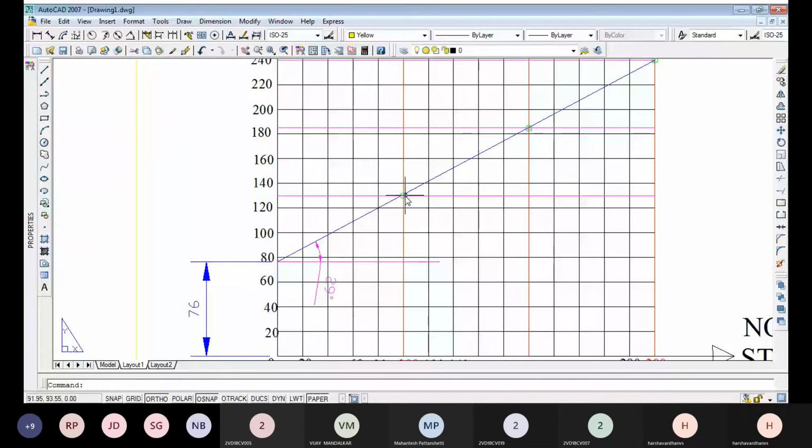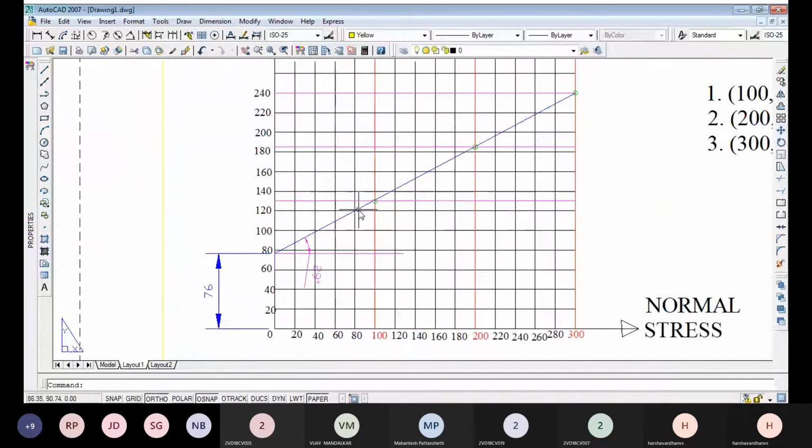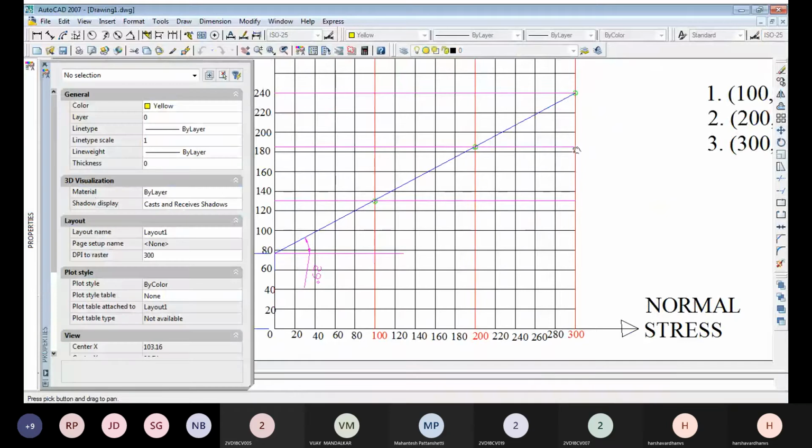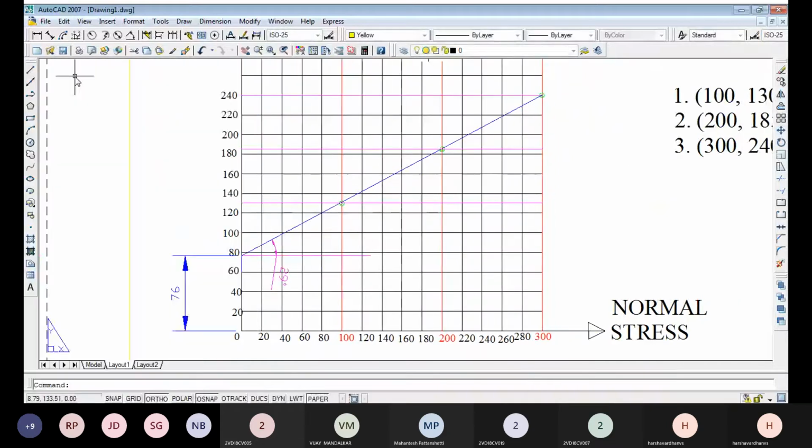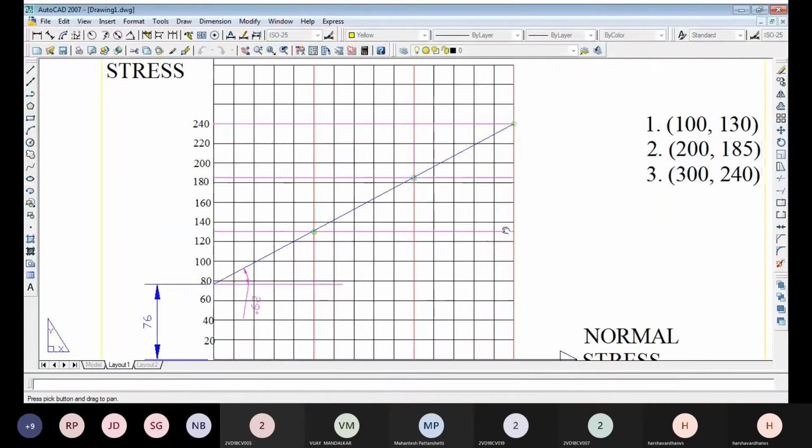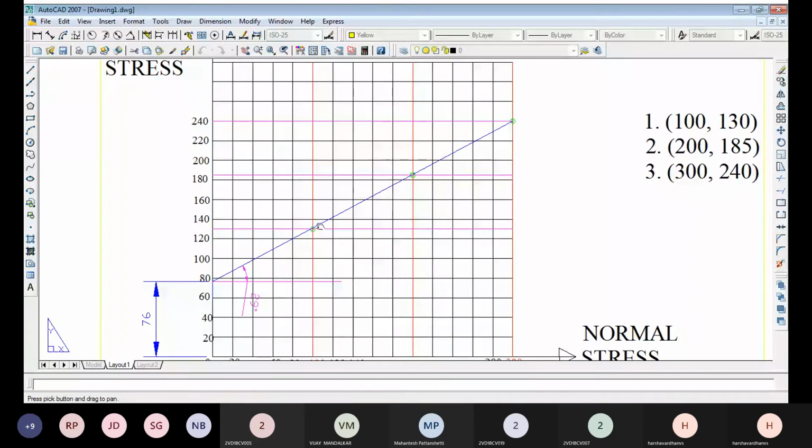I have these points here. I have 3 points: 100 comma 130, 200 comma 185, and 300 comma 240.